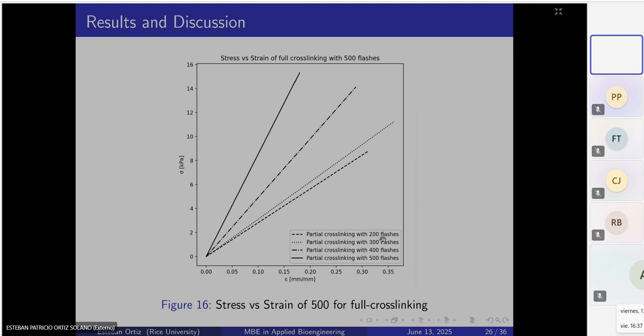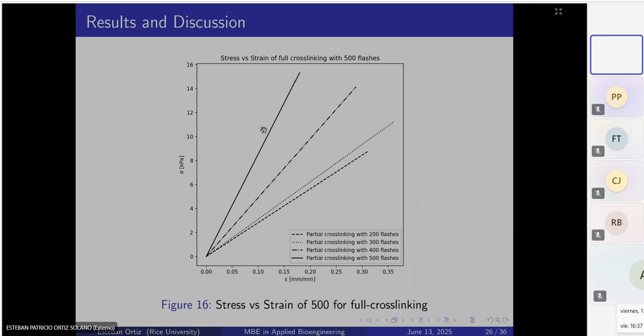With this in mind, if I increase the number of flashes, I was increasing the slope, which means that I was increasing the modulus. The main idea is trying to increase until you have the same Young's modulus as the extracellular matrix in your hydrogel. Usually I was starting with 200 flashes and reducing the number of flashes, and I was reducing the slope, which confirmed my hypothesis.